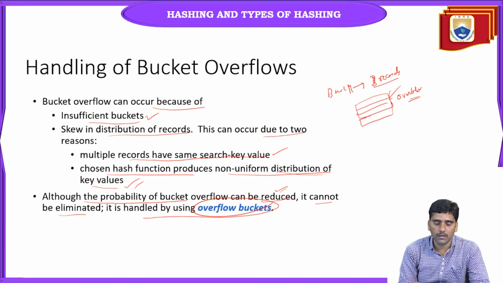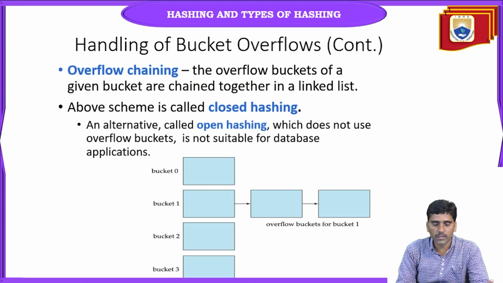But skewed distribution of the records occurs when multiple records have the same search key values, or when the chosen hash function produces a non-uniform distribution of the keys. Here you can see the diagram.